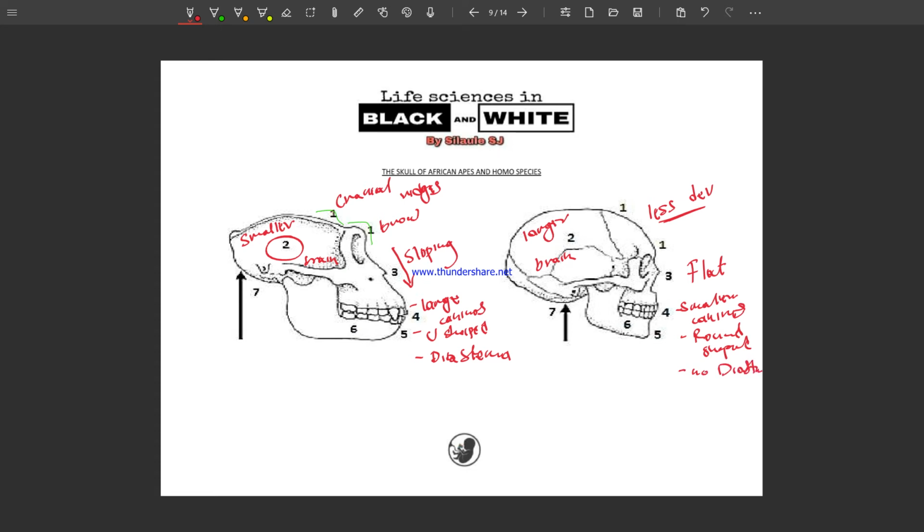Then we can go to number five. Number five is telling us that the African ape has a larger jaw, and then humans have a smaller jaw. Also, we can see that number five is also telling us that African apes have a less developed chin, and then humans have a more developed chin.